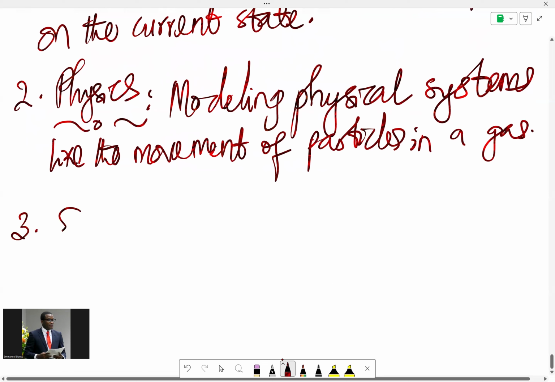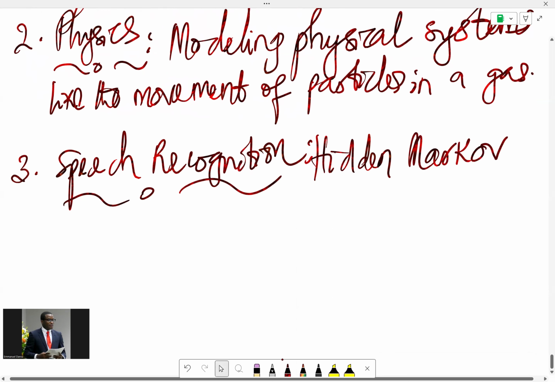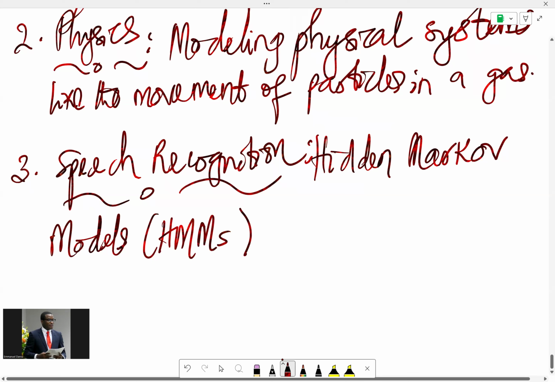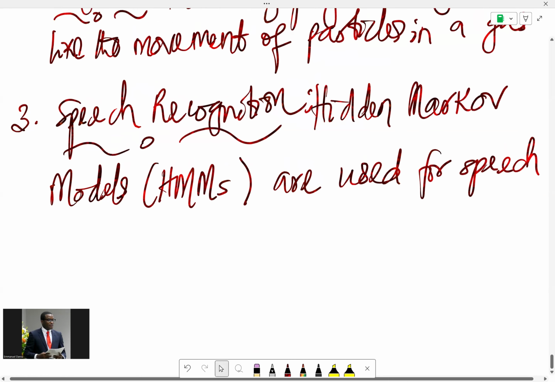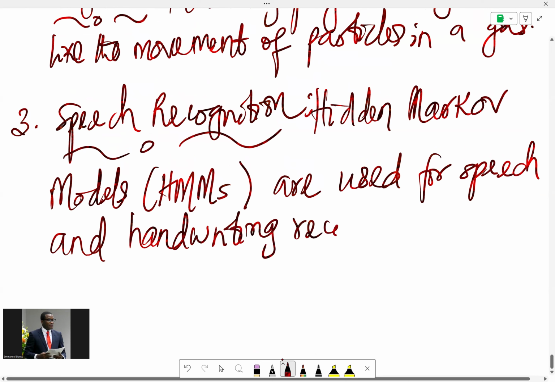And three, we have speech recognition. Hidden Markov models, which you can call HMMs, are used for speech and handwriting recognition.